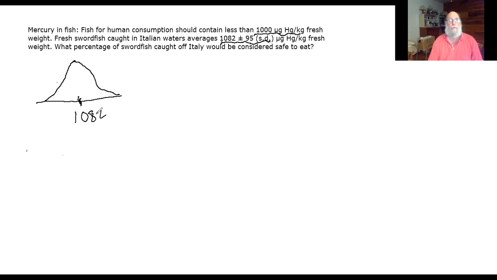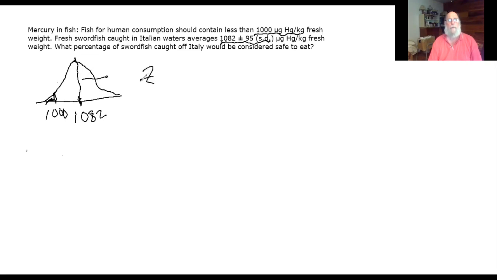The mean's 1,082, and what we want to eat is only down in here at less than 1,000. So this is kind of the deal. Let me draw this down the middle because our Z table actually only considers 1/2 of the distribution at a time. I'll show you that in a minute.